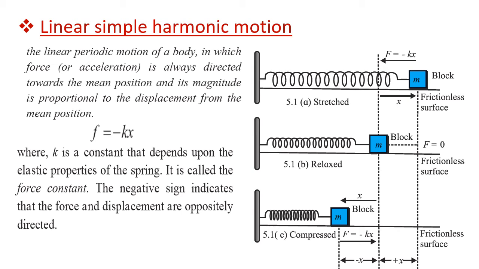So the direction of the displacement and the direction of the force applied by this spring are opposite to each other. So from all these three diagrams which we discussed just now, the meaning of linear simple harmonic motion is very clear to us.